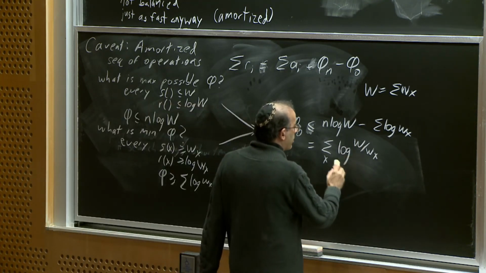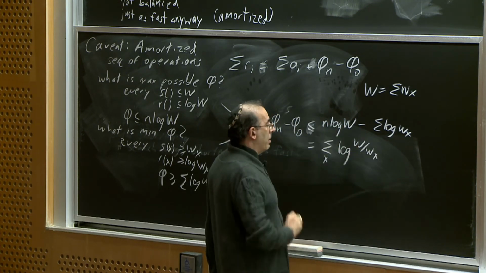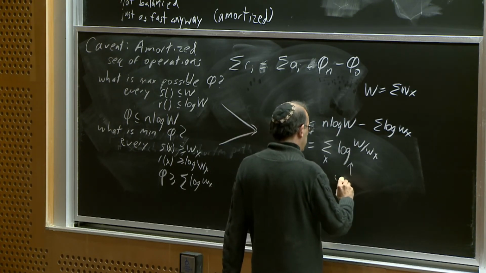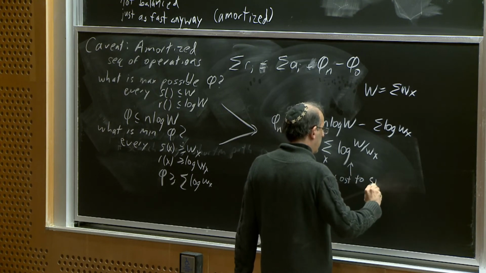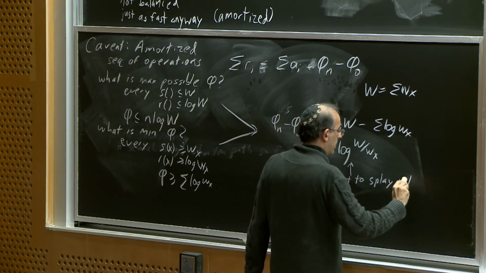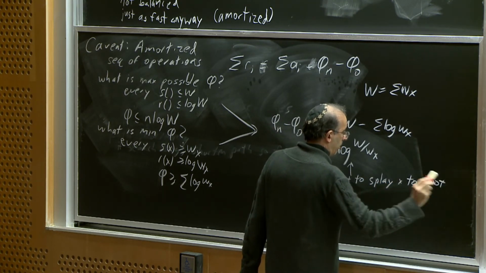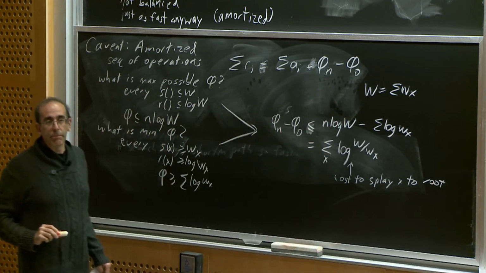Okay. But this is actually a term that shows up in our access lemma. This is the cost to splay x to the root, basically.